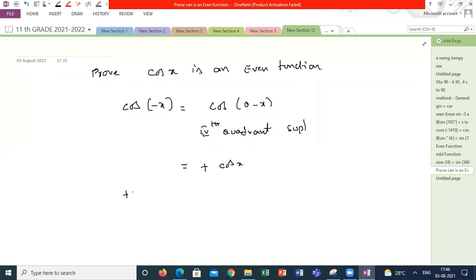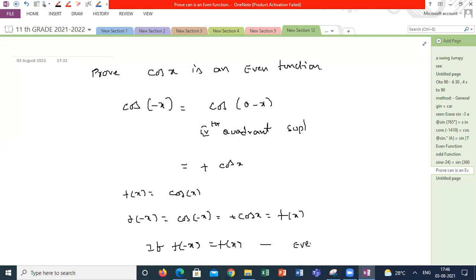So your f of x is equal to cos x. f of minus x is equal to cos of minus x, that is equal to plus cos x, that is nothing but f of x. If f of minus x is equal to f of x, then it is called an even function. Is it clear, guys, what I'm saying?